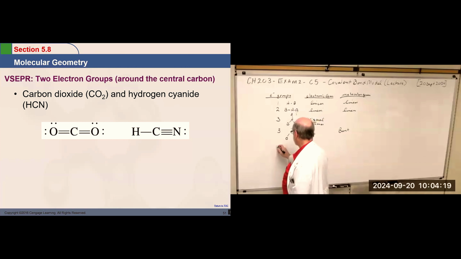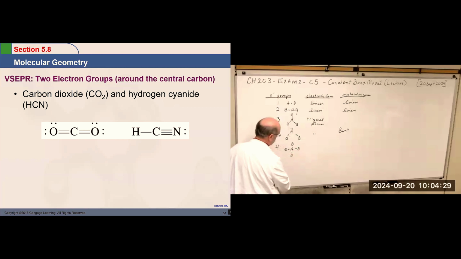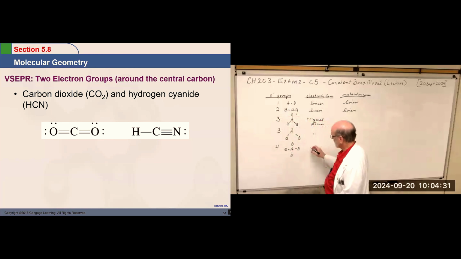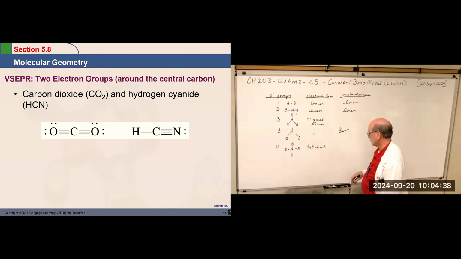If we have four, we have like A in the middle, and then four groups around it, then this would be tetrahedral. And of course, this would also be tetrahedral.